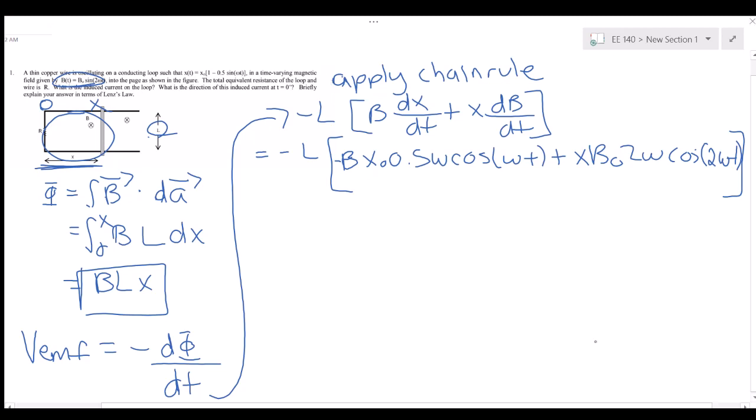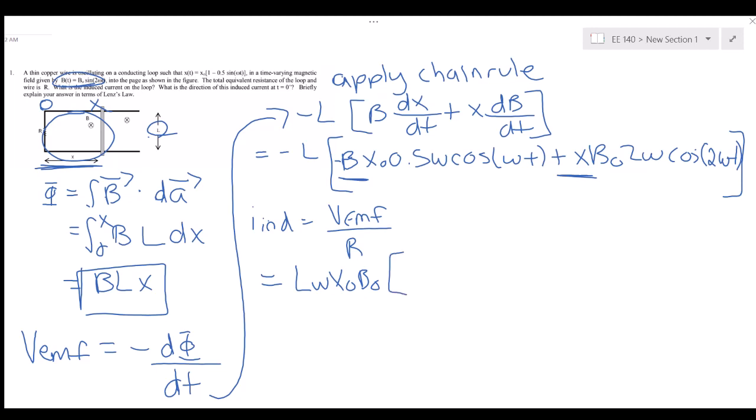Next, we're going to calculate the induced current. Induced current is equal to the EMF over the resistance. For the EMF, we're going to factor out common terms: L omega x naught B naught. We're also going to replace the B and the x with what's stated in the problem for those variables.